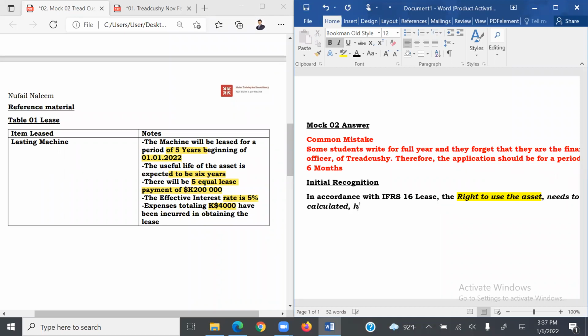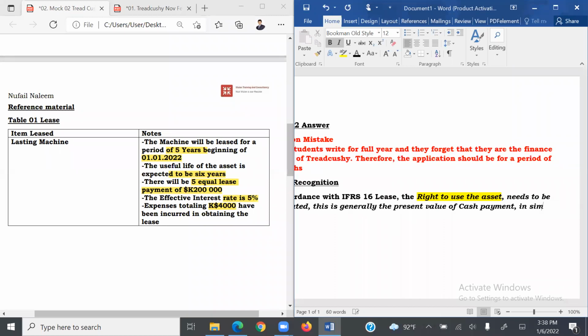This is generally the present value of cash payments.